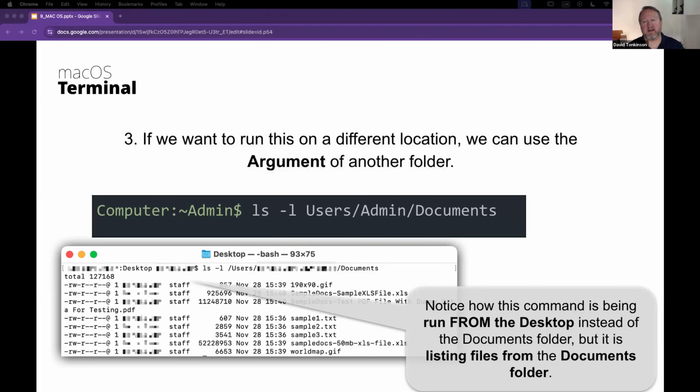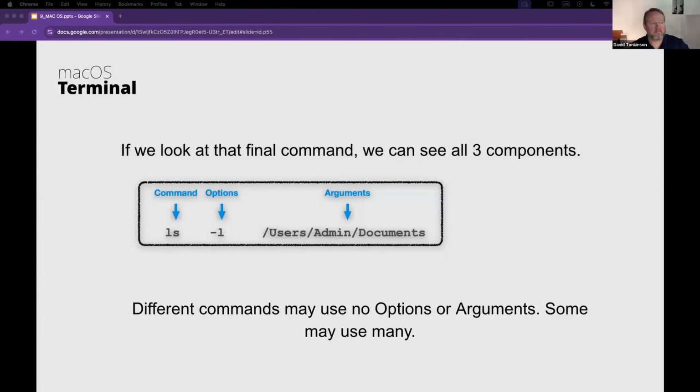So you can see it is exactly the same as a Linux operating system. You can see here the option is the -l and the argument is exactly what we passed here. It is exactly the same command.